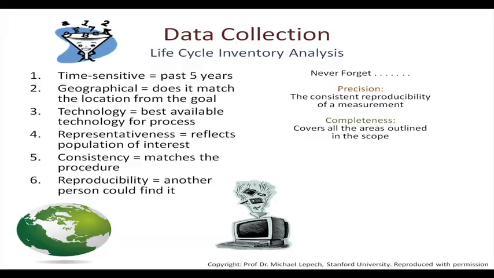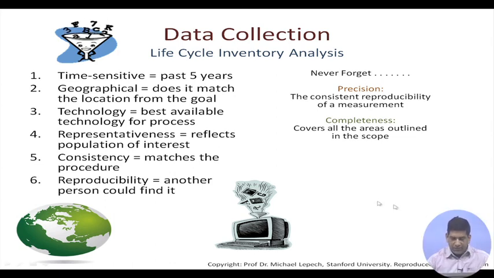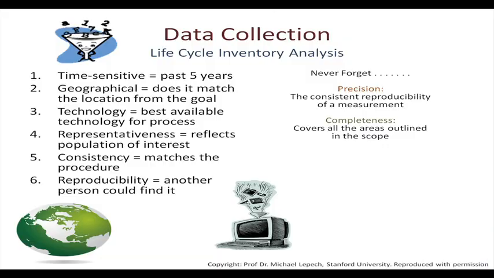So in terms of the technology, try to look at the best available. Then it should be representative. We should not pick a technology which is used for say only 5% of the product, while 95% of the product is not made using that technology. Although the technology may be very green, it's not going to give us a true picture. So we should get the technology which is representative, that means the majority of the product is made by using that particular technology.